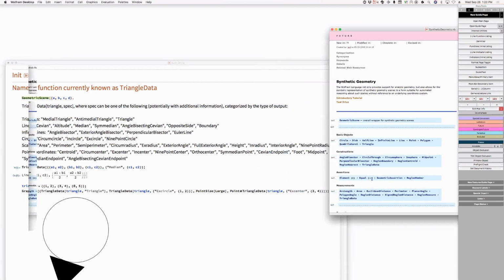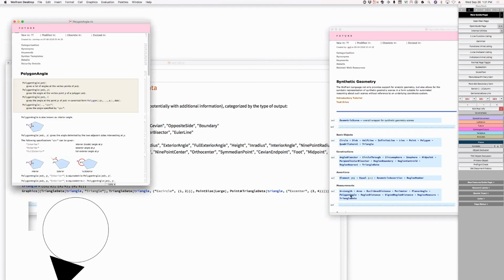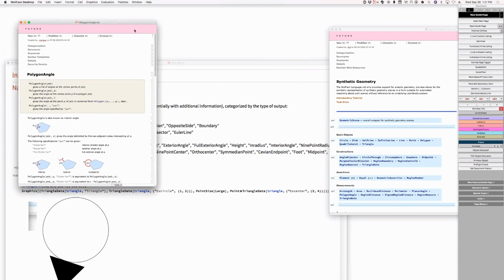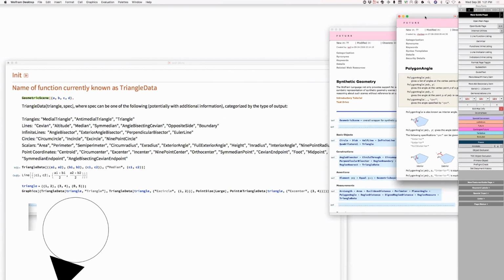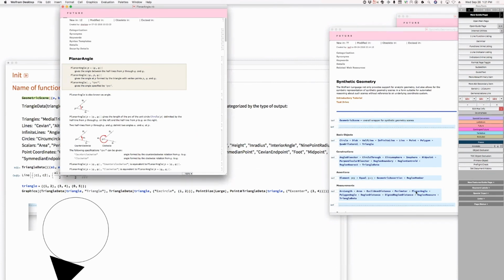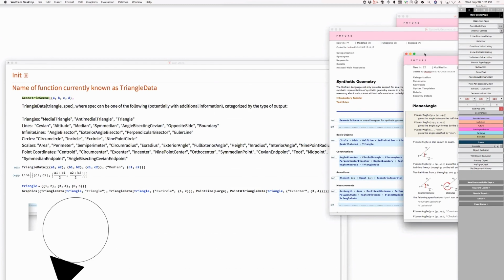By the way, does polygon angle work in an ordinary polygon? Yes, and we should probably discuss that during the geometry meeting. What does planar angle do? Okay, that's interesting. So planar angle is specifically the 2D thing that always gives you, well, you can ask for it, the proper angle, the clockwise angle, the counterclockwise angle, etc.